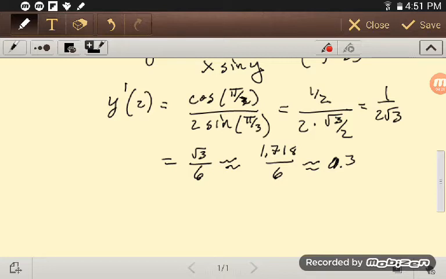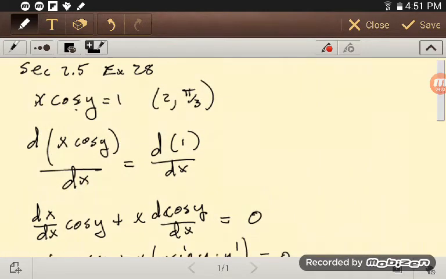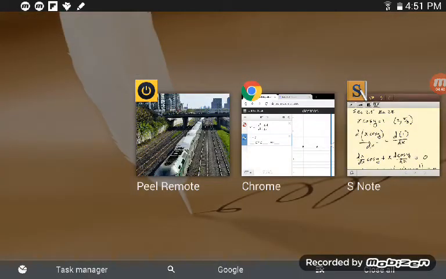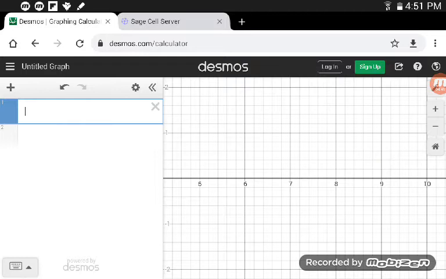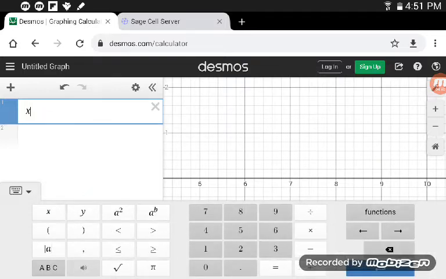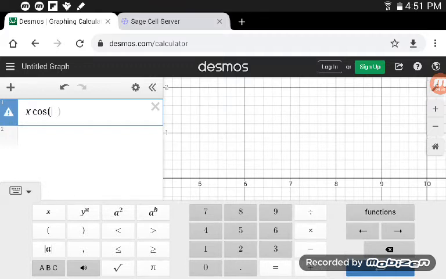Again, we could kind of check that. What's our thing here? x times cosine y equals 1. Go back to this thing. I'll get rid of those. And x times, I need functions here, cosine of y equals 1.